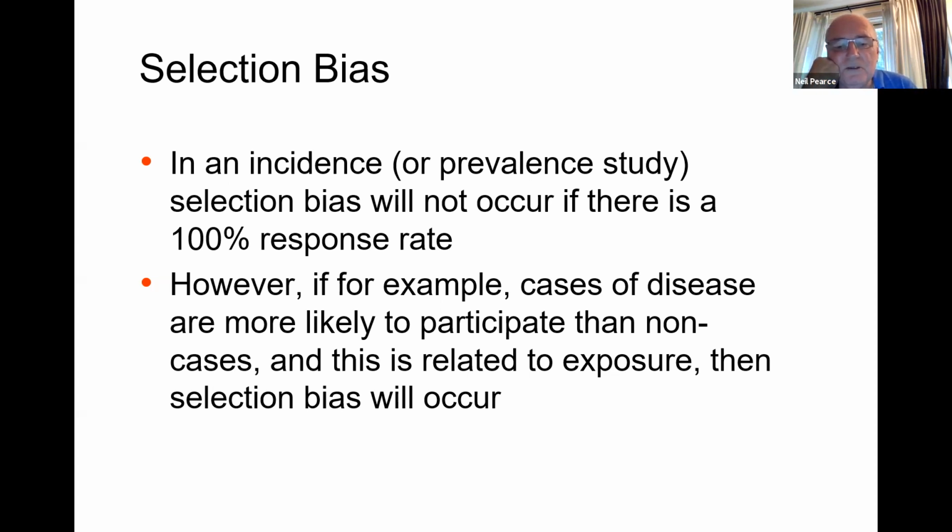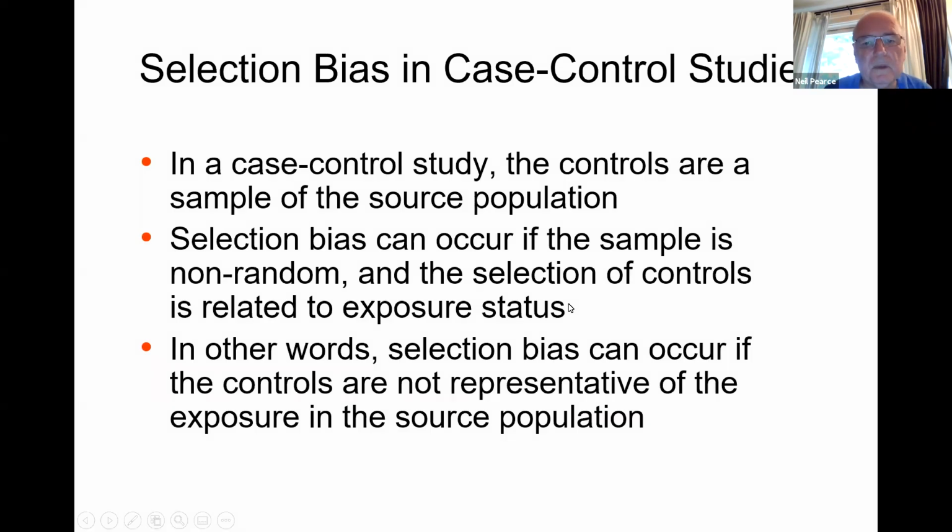That in itself won't necessarily produce a bias, but if it's also related to exposure, so asthma cases who have a particular exposure are more likely to participate than other people, then you get a selection bias. There's a particular problem in case control studies, which I won't go into here because it'll come up later in the course.